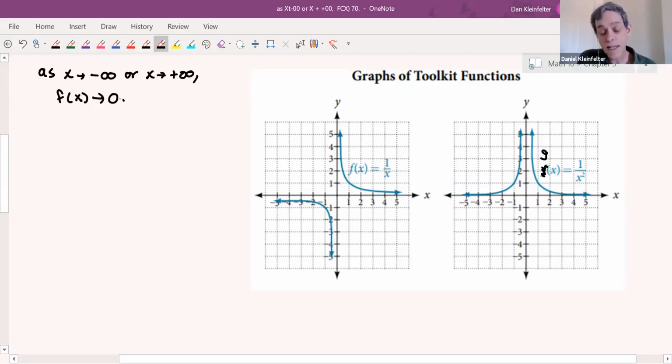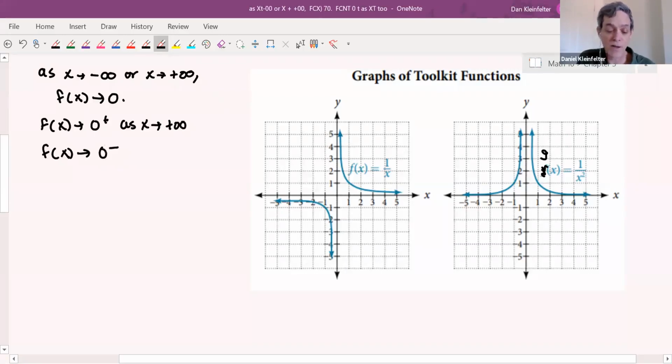Okay, we could say a little bit more about it if we wanted to be more specific. We could say f of x approaches 0 from the right side, that is through positive values, as x approaches positive infinity. We could say f of x approaches 0 through negative values. So it's getting close to 0, but is negative as x is approaching negative infinity.